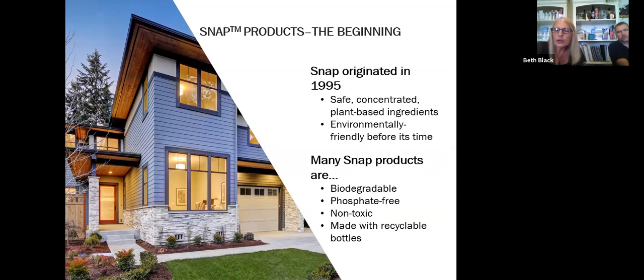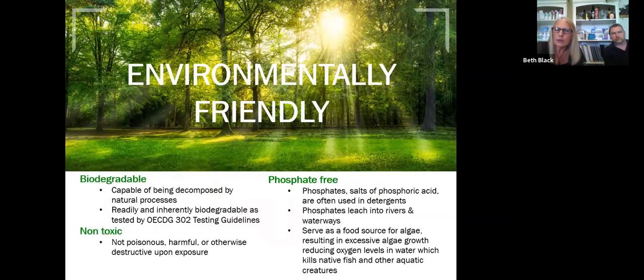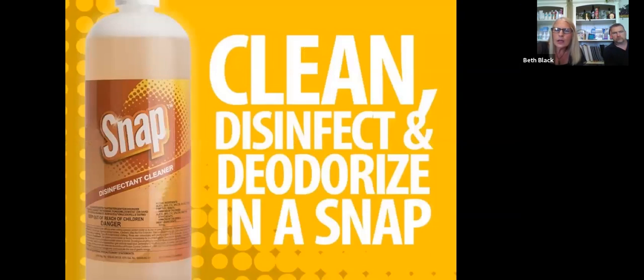Right now, this product has gone out of stock temporarily, but it should be back in the office hopefully this week. We have these SNAP products that are phosphate-free, non-toxic, and biodegradable, and in that line, we have a disinfectant. I'm going to encourage all of you on this call, because this is out of stock right now, if you live close by to the person who invited you and they have this in stock, have them put a little of it into a small bottle and sell you just a little bottle.